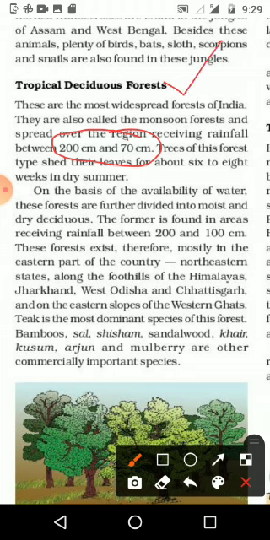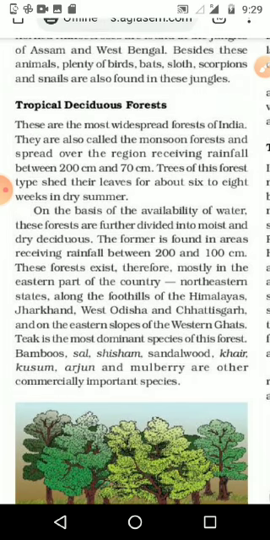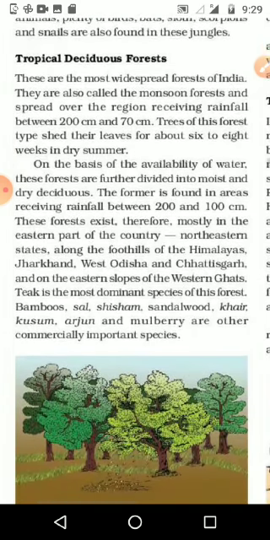So we call it the monsoon forest, because it is spread over major parts of India. The trees of this forest type shed their leaves for about 6 to 8 weeks in the dry summer.